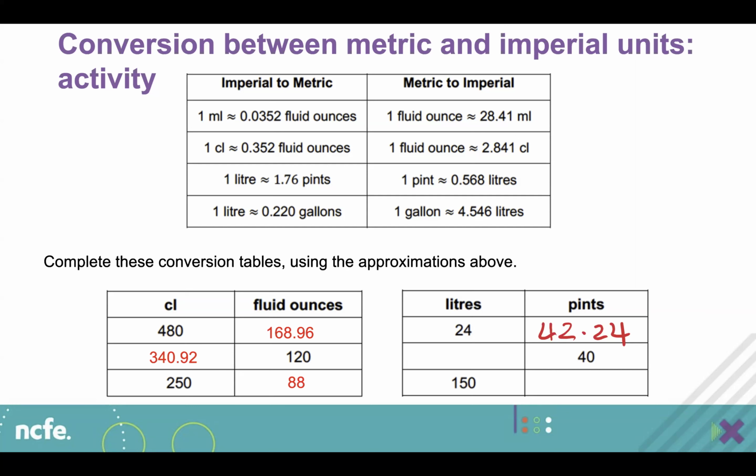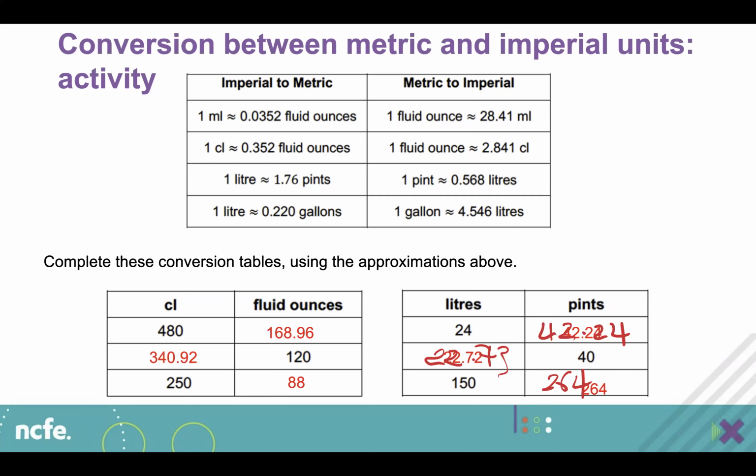That gives 22.73, and then 150 liters would be 150 times 1.76 to find out the pints, which would equal 264.